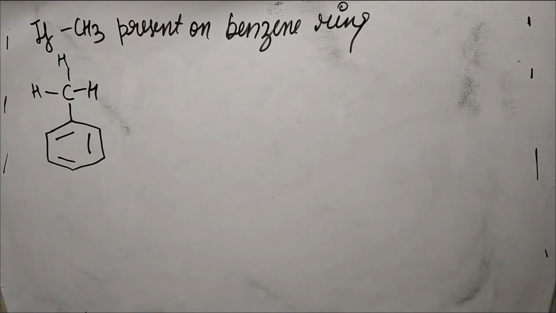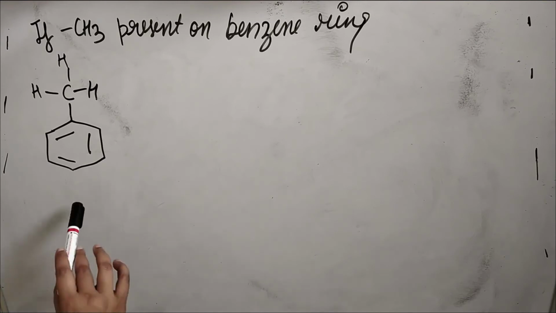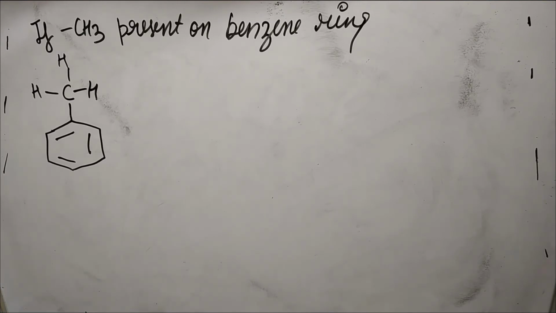Here the methyl group does not have any lone pair of electrons like phenol. But because of the hyperconjugation effect, it will act as an ortho para directing group. So let's see how it will affect the reaction of benzene. This is the case of methyl benzene.